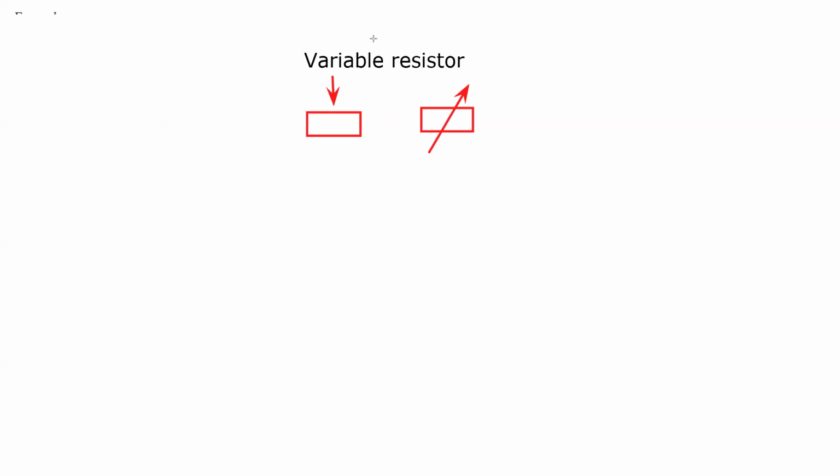A variable resistor has a resistance that can be changed, and it can be used in two different manners. It can be a potentiometer, or it can be a rheostat.